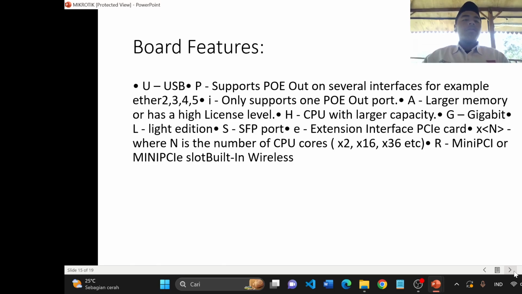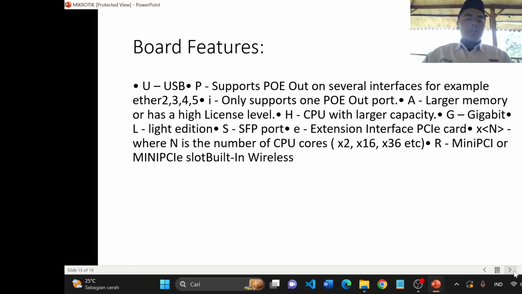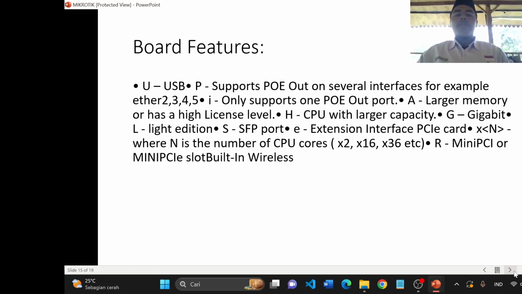Board features: U is USB, and the letter for PoE support, out on several interfaces, for example 2, 3, 4, or 5. I only supports one PoE output. A: large memory or a high license level. H: CPU with larger capacity.